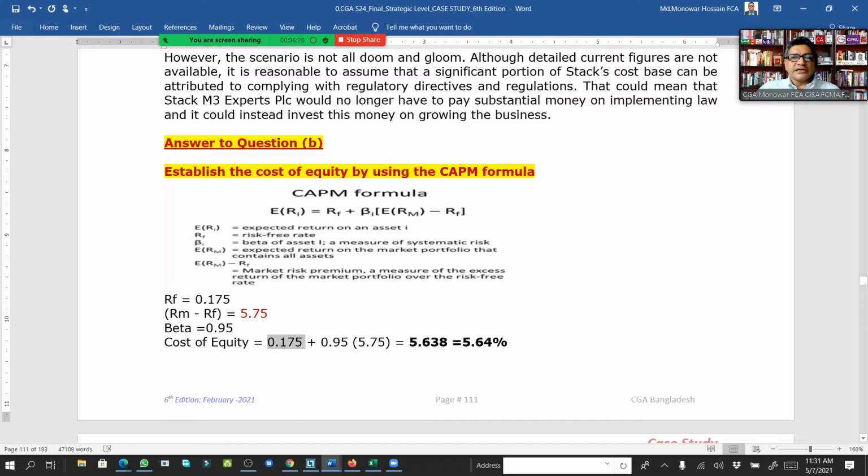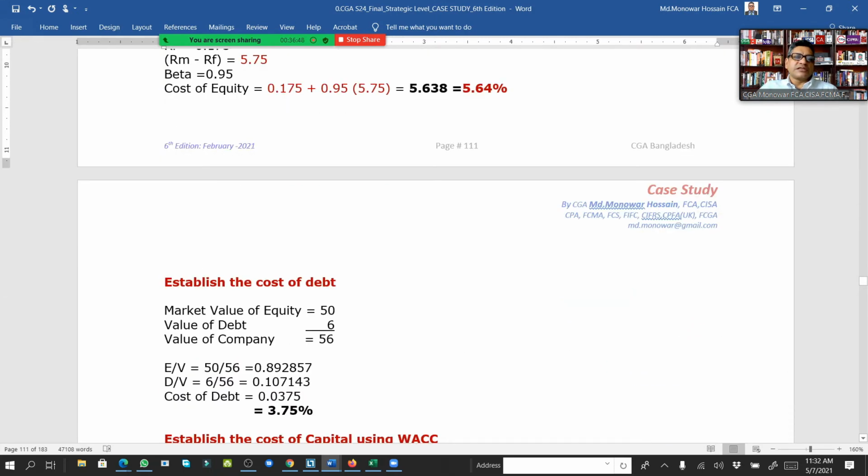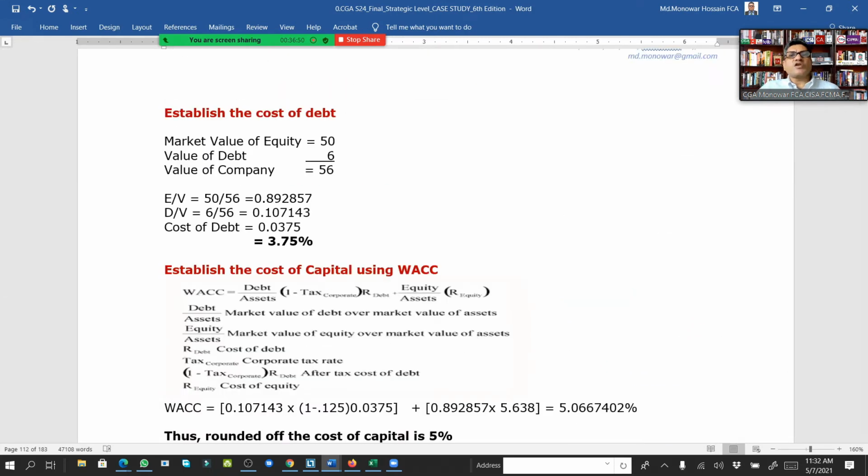Putting the data here, we find 5.64% is the cost of equity. Cost of equity in this case is 5.64%.